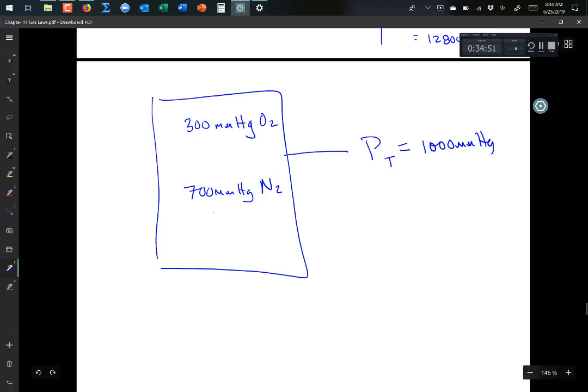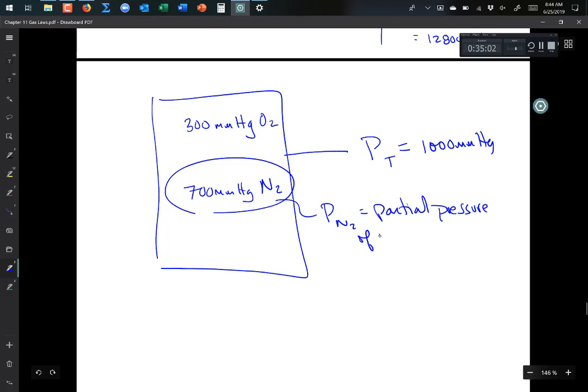And this is known as the partial pressure of nitrogen. And this is the partial pressure of hydrogen.